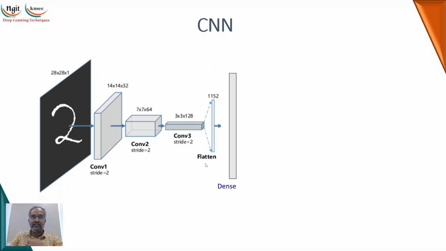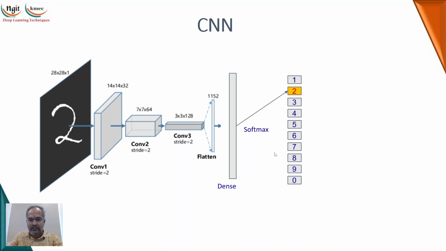After the flattening layer, we connect to the dense layers. After the dense layers, we apply softmax to classify the categories. In this example, 2 is the given input image, and it will be classified as 2. So this is our regular CNN.